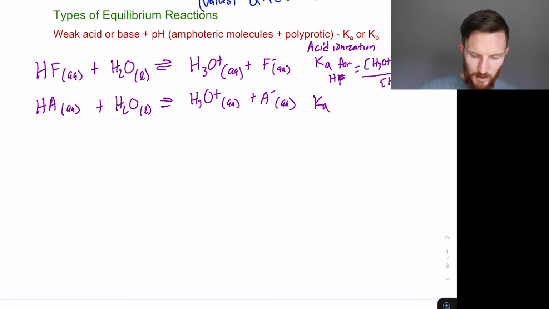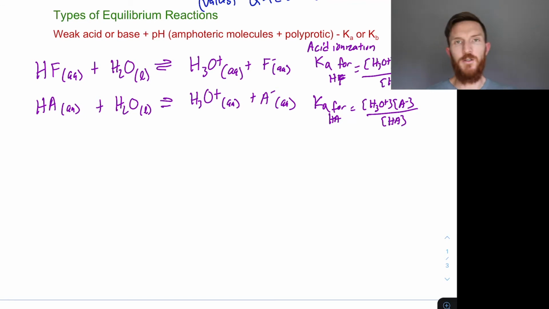And again, we're excluding water as the pure liquid here. We can also more generically do this for every single equilibrium for a weak acid. Let's just say for HA, that's again going to be our hydronium ions times the anion, divided by that weak acid concentration. The larger that K value, the more products we get, the more H3O plus we get, the stronger the acid. Okay, that's just a reminder for us.